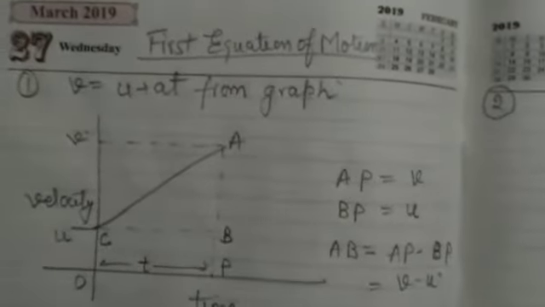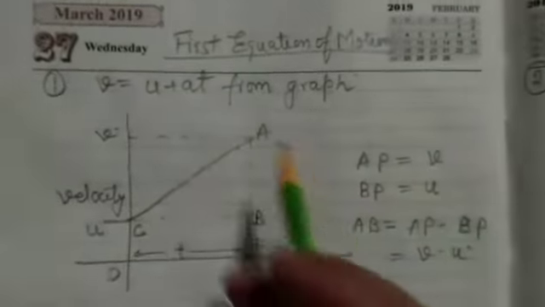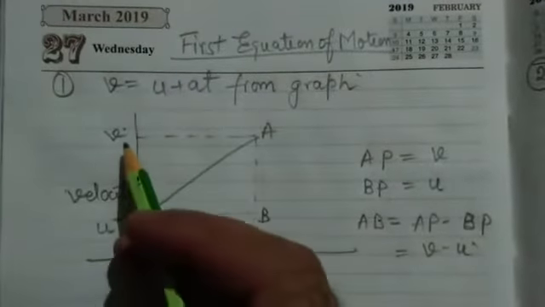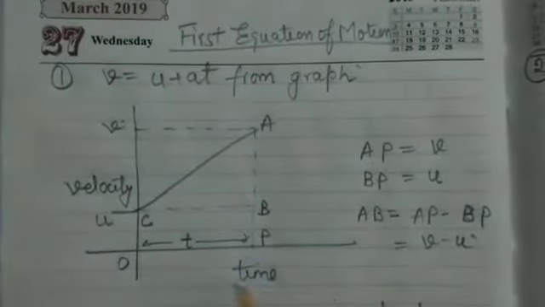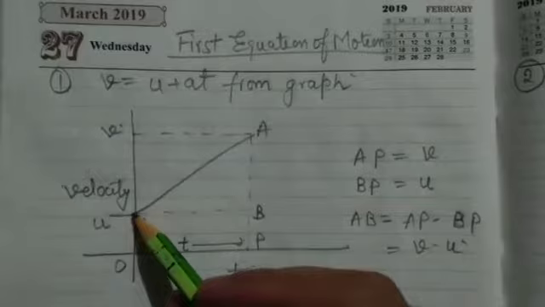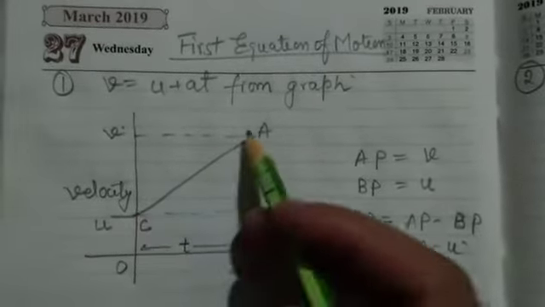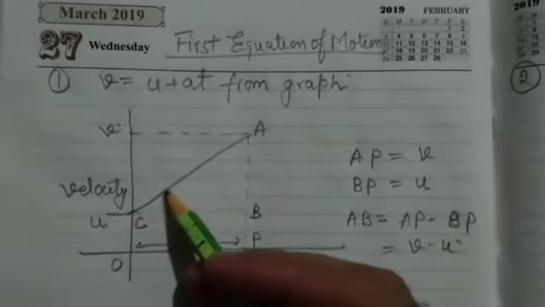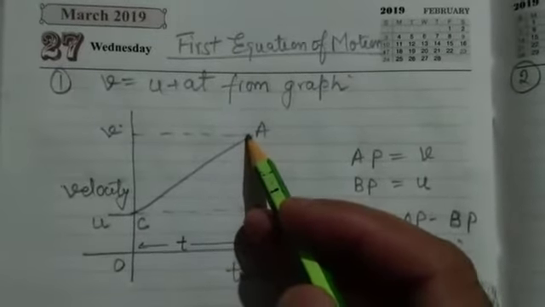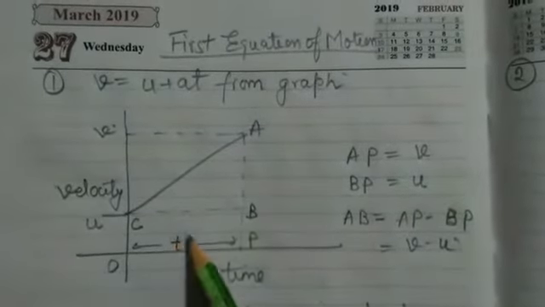Now we will derive the three equations. So the first equation is V is equal to U plus AT. Now we are drawing a VT graph for that. So here we can say that the object has started moving from U velocity, initial velocity is U, and because the acceleration is constant, it is a straight line, and finally the velocity is becoming V after t time.